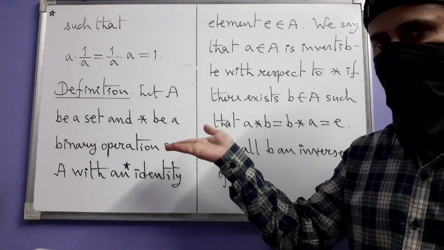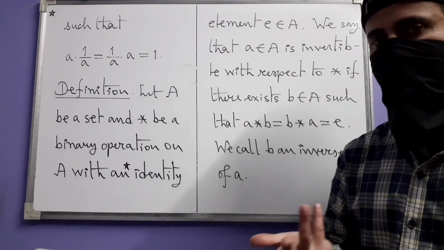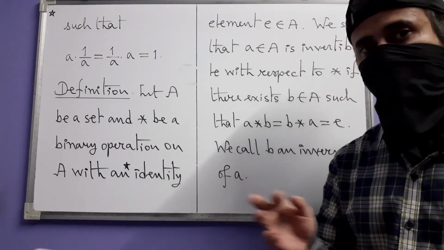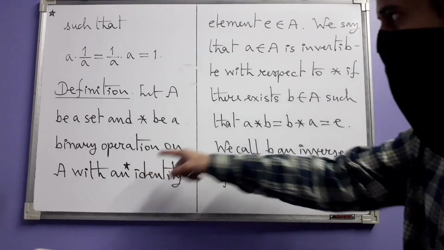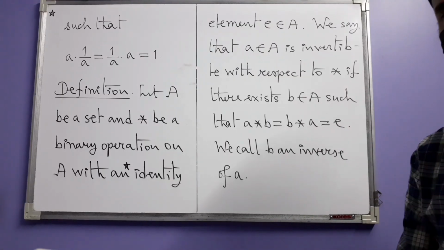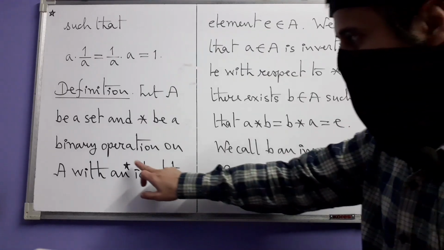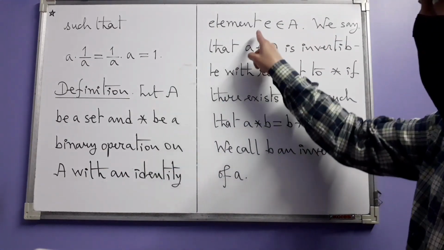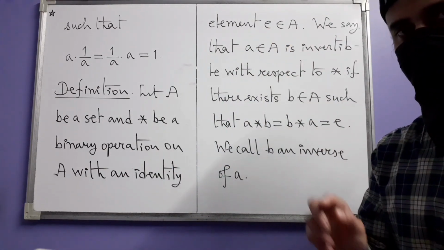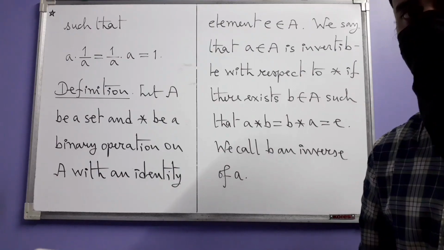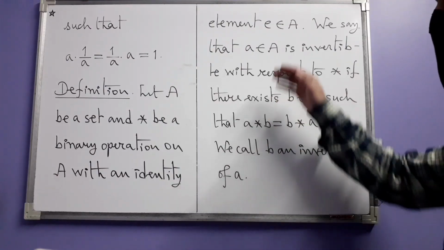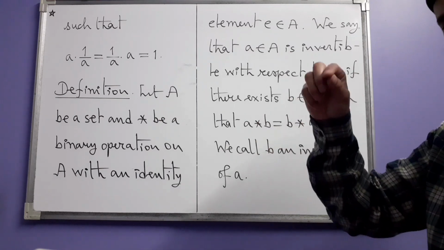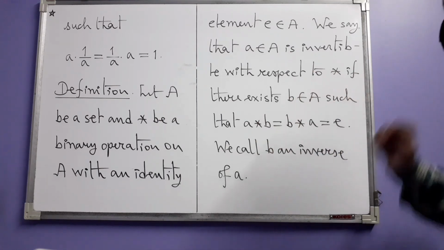But there we noted that maybe possibly if a binary operation has one identity element, maybe there are others. So which one should we use here? But this confusion is actually not a confusion, because if an e exists, then that is the only e, which we can prove. So like that, there is no confusion. If there is an e, then that is the only e which should be used here.